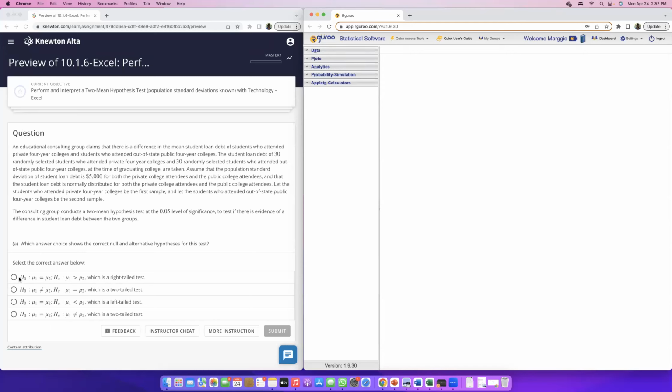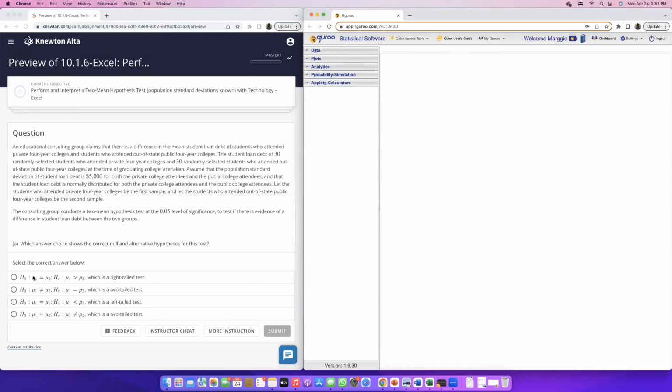So number one, the null hypothesis always says that the means for both of our groups are the same. This null hypothesis is telling me that the mean student loan debt for our first population is the same as the mean student loan debt for our second population.